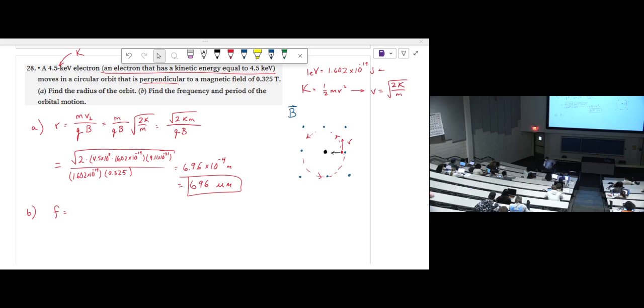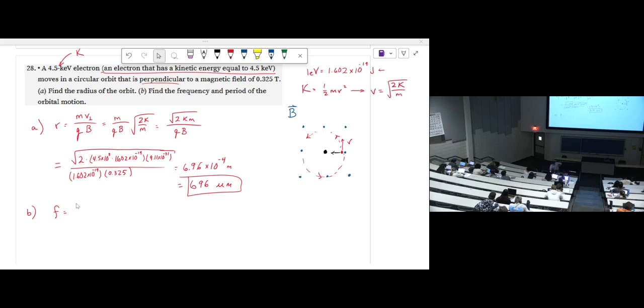2 pi r over v. We said that frequency is qB over 2 pi m. Mass times... No, I guess that's right.